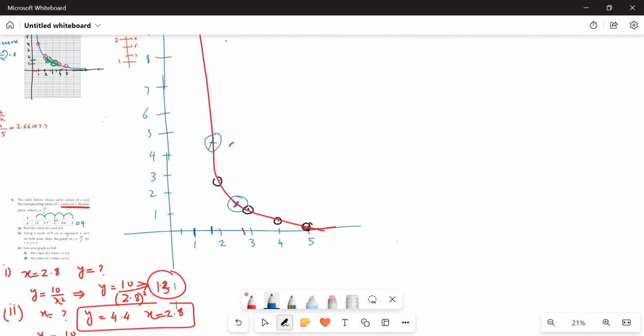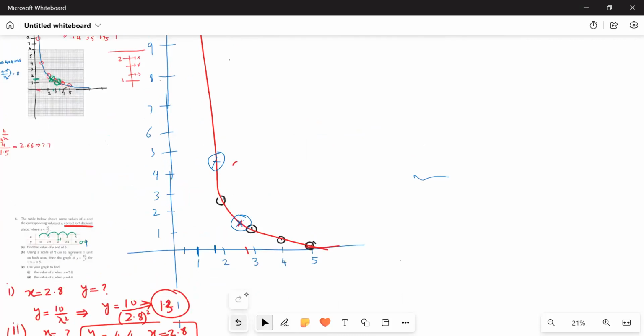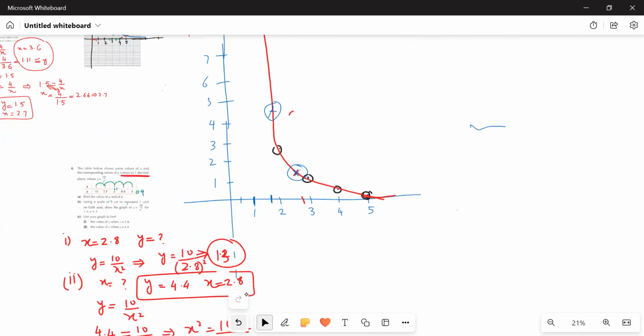Okay. These are the two points on the graph for y. What are you getting? 1.2 and not 1.3? You are getting 1.27. No, just 1.2? For the first value? Yes. Let me check again.